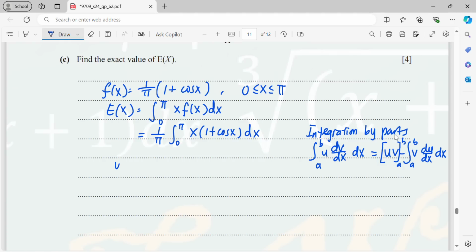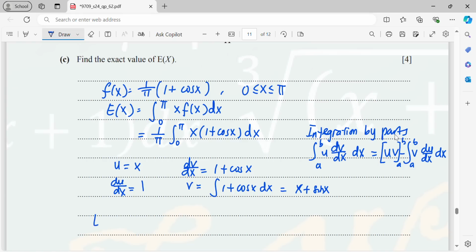That means now my u is x. Then my dv/dx will be 1 plus cos x. So your du/dx, differentiate x with respect to x, that is 1. v is to integrate 1 plus cos x. Therefore, this is going to be x plus sine x.